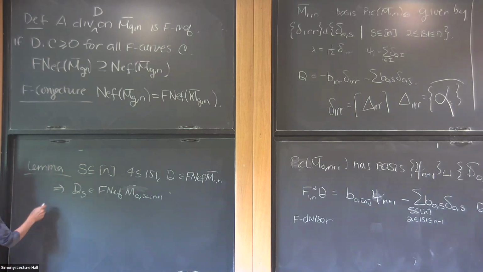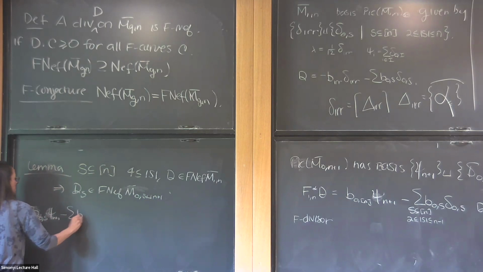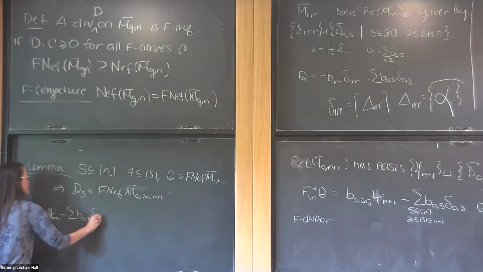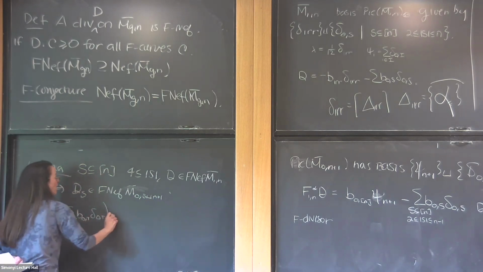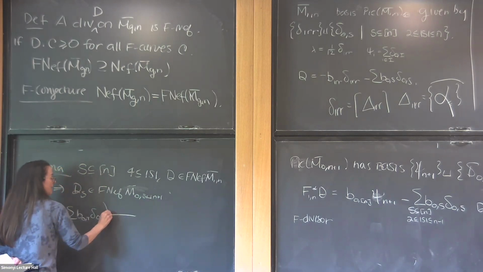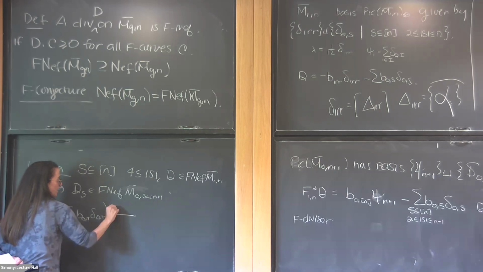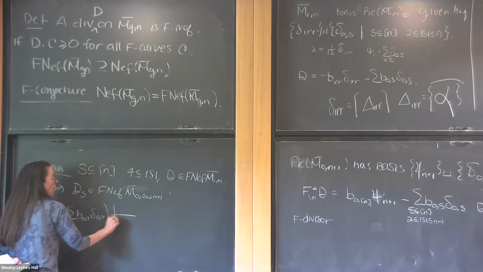And we can very easily see this. We take the intersection of DS, which I'll write out: this is B0S psi N plus 1 minus B0T delta 0T. And we're going to intersect this divisor with a curve here, and this is genus 0.